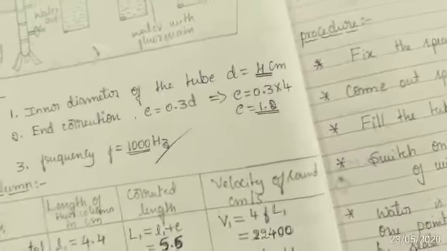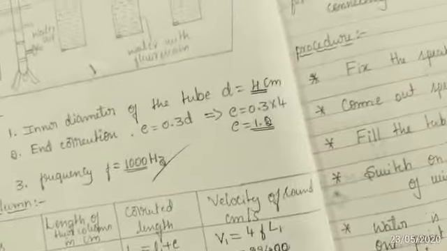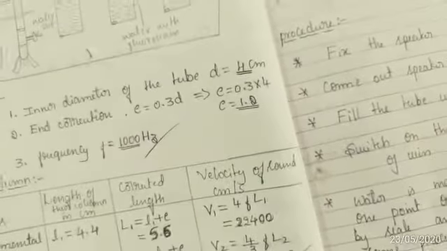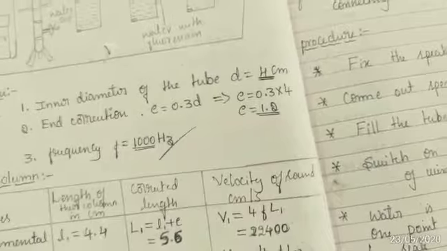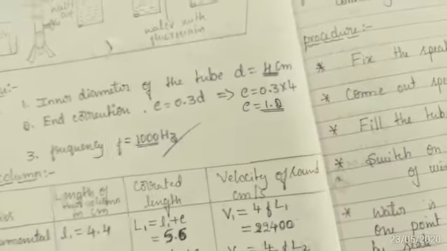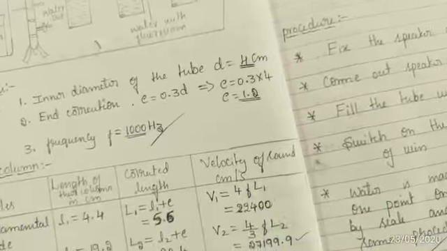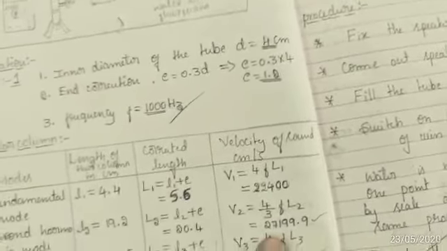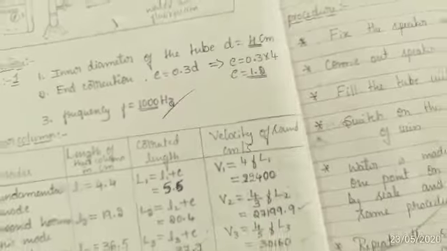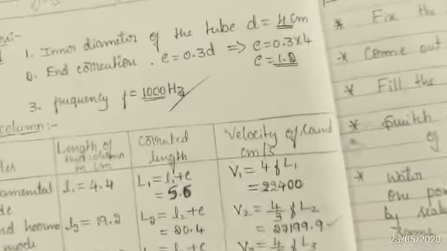Next, I calculated V2 also, that is V2 can be calculated as 4 by 3 into f L2. After simplification, I got 27,199.9.